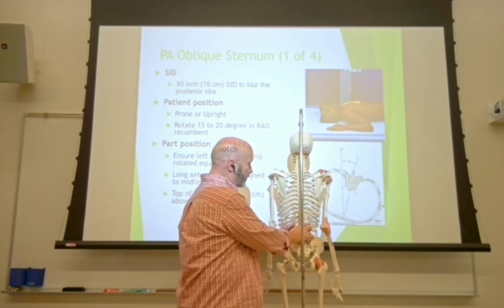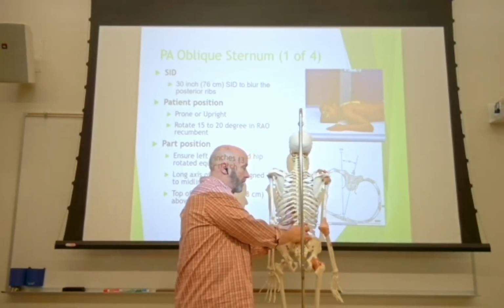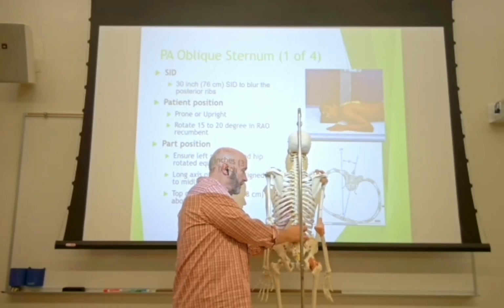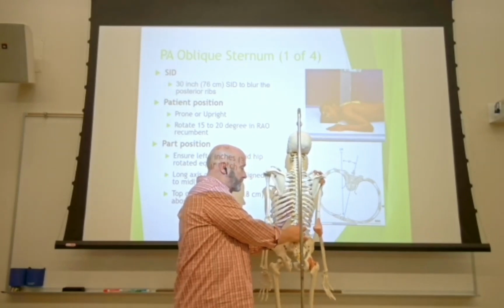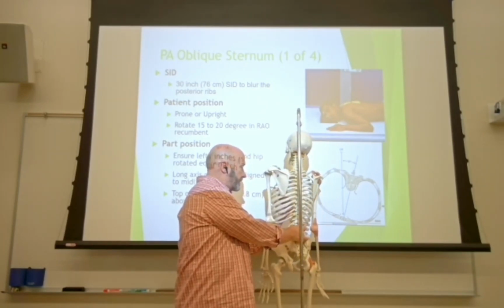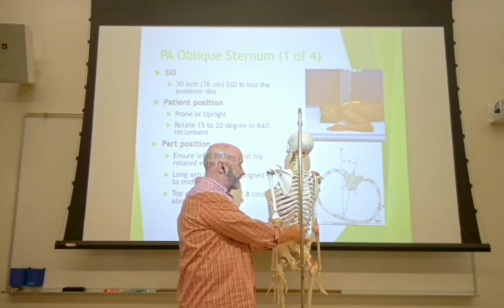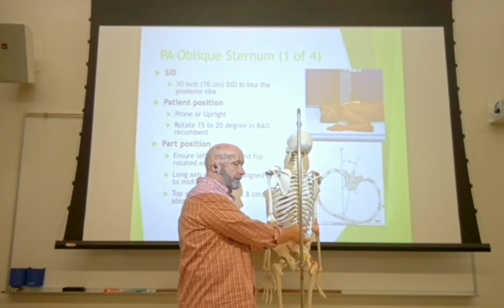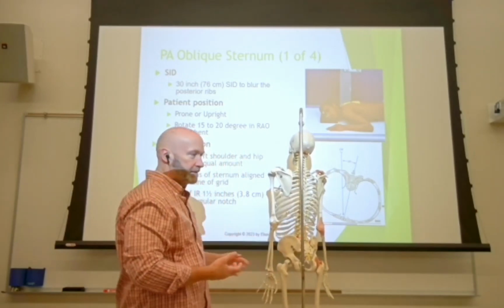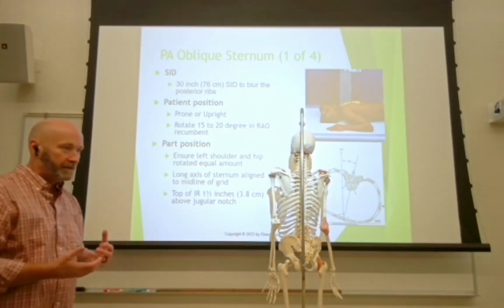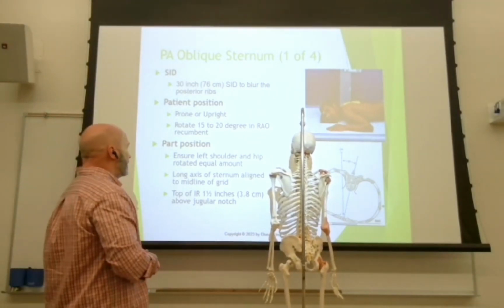Okay, so in that obliquity, it's going to take the heart, which is right here, left ventricle is here, and as we oblique the patient up, it's going to put the sternum right up under the shadow of the heart. I don't know how well you can see that, but as we oblique the patient up, it's going to put the heart over the top of the sternum, which increases the density of the sternum.